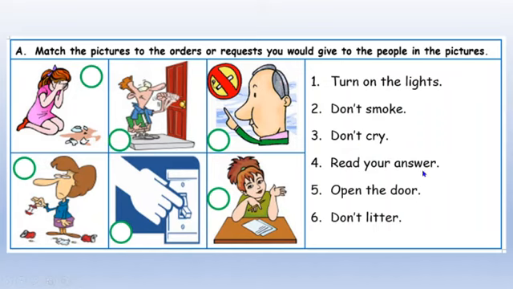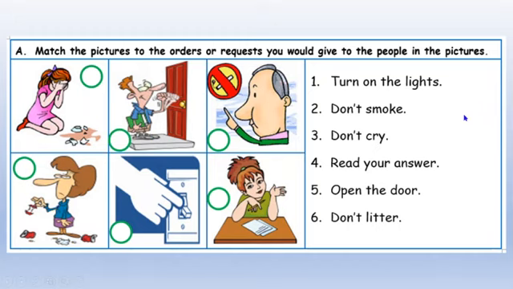Read your answer. 5. Open the door. Or 6. Don't litter. Okay, you have 6 situations, 6 imperative sentences, and next to them you have pictures. The idea is you have to write in a small circle for each picture what would be the right number. Is it 1, 2, 3, 4, 5, or 6? You need to check it.